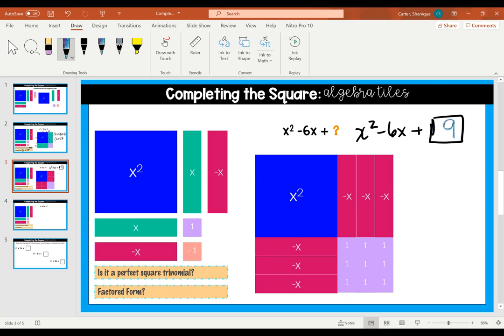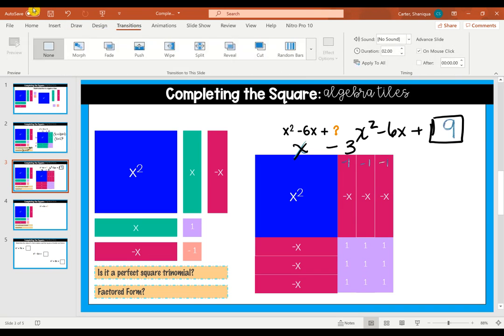So is it a perfect square trinomial? Well, this has a side length of x, and this has a side length of what? That's a negative 1, a negative 1, a negative 1. So this has a side length of x minus 3. Because I know all of the sides of my square are going to be the same, that's what they tell me about a square.